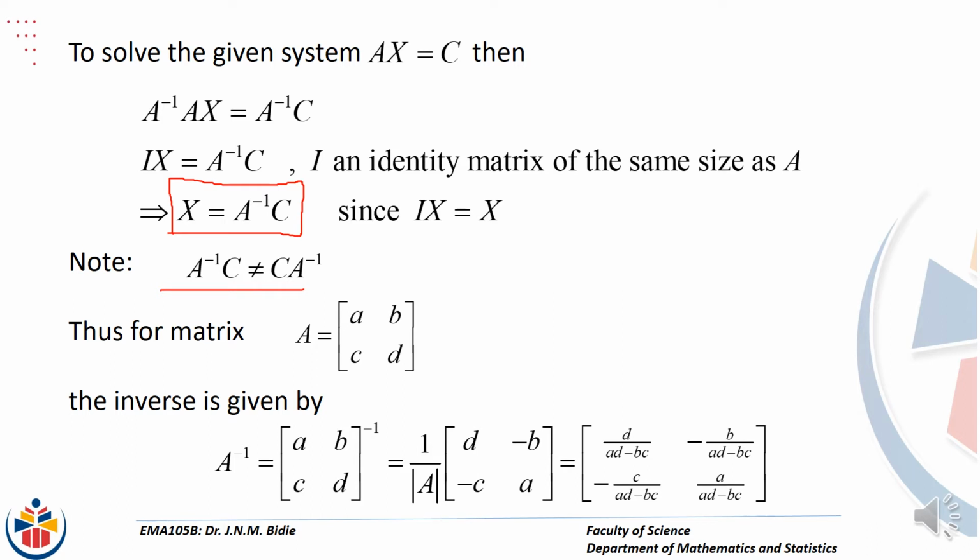Now we have here the inverse given by 1 over the determinant of A. Remember that once we have the absolute value term, then it means we are solving for the determinant.